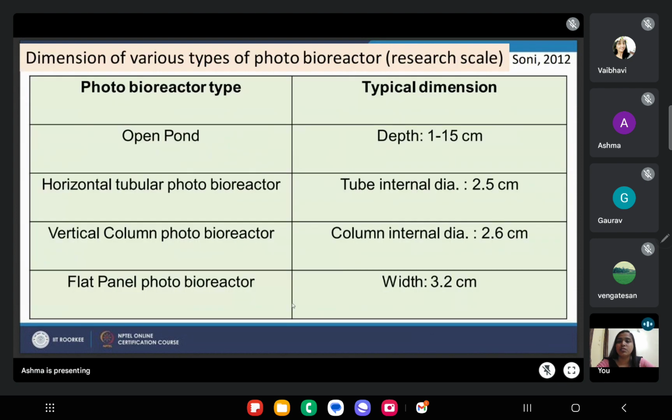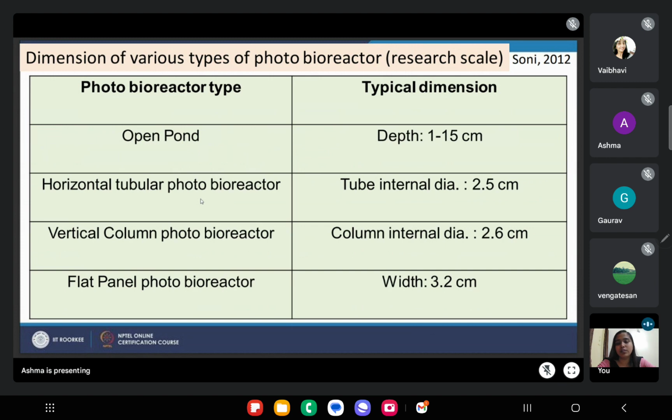Next are the dimensions of various types of photobioreactors. These are some of the values. For an open pond, the typical depth is between 1 to 15 centimeters. For a horizontal tubular photobioreactor, the inner diameter of the tube is around 2.5 centimeters. For a vertical column photobioreactor, the inner diameter is 2.6 centimeters.